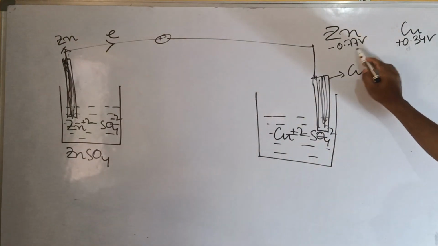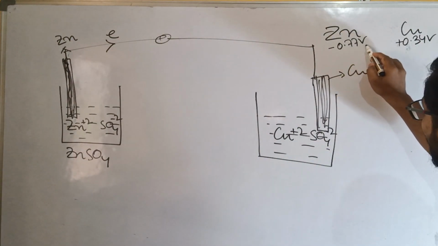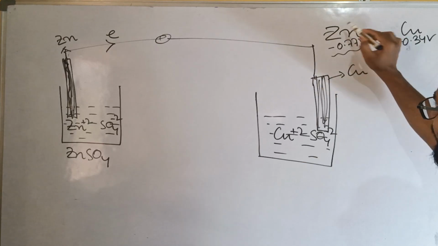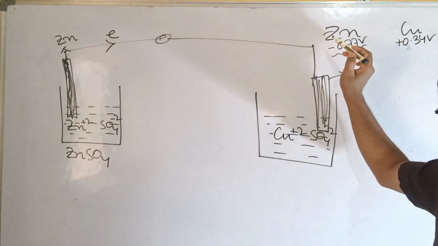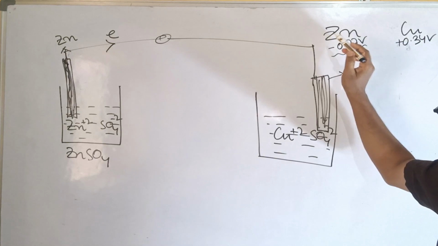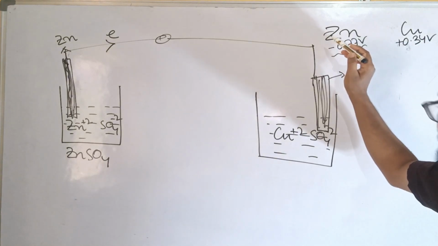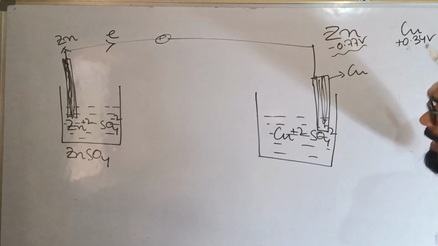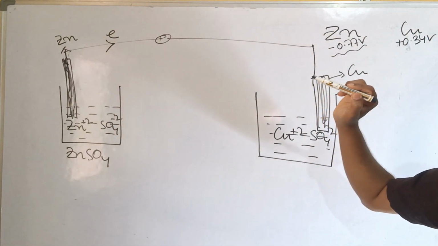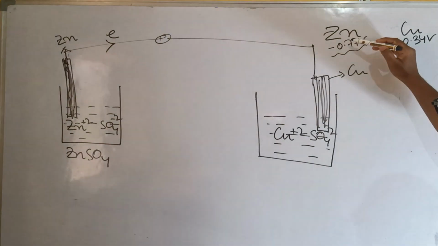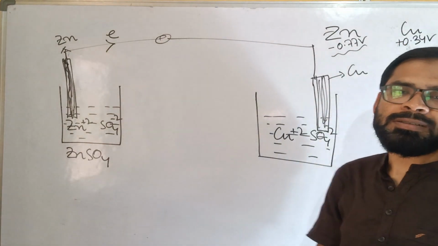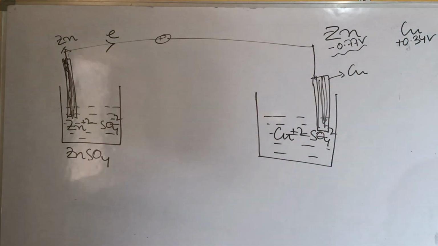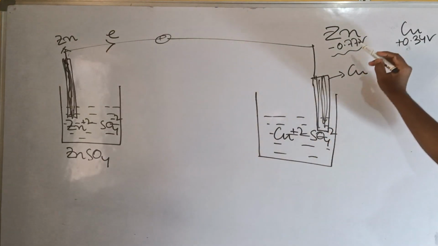So here minus 0.77 volt indicates this one is highly reactive. If we compare copper and zinc, zinc easily releases electrons as compared to copper. So zinc will be more reactive.